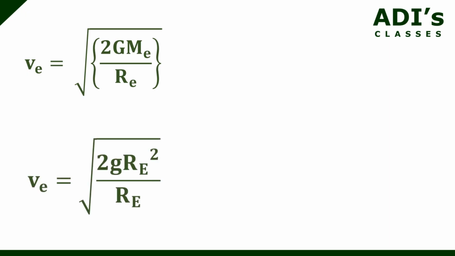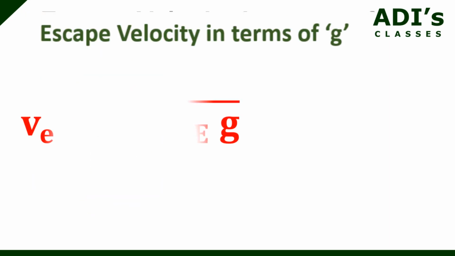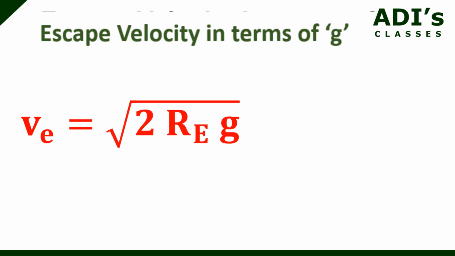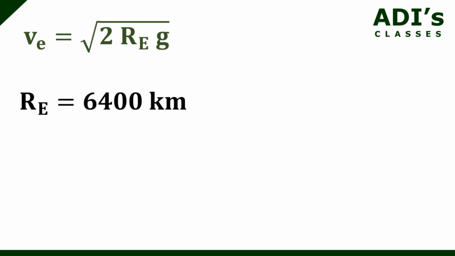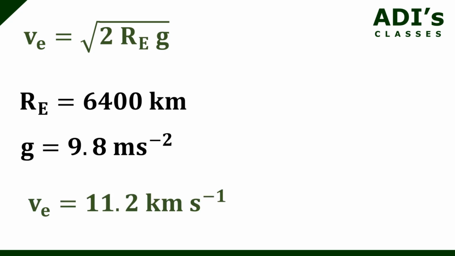Re gets cancelled, so we have root of 2 Re g. So we have the radius of Earth and the acceleration due to gravity, and again these two are constants. If you apply the radius of Earth as 6,400 kilometers, an approximated value, and the value of g as 9.8 meter per second square, again we'll get 11.2 kilometer per second.